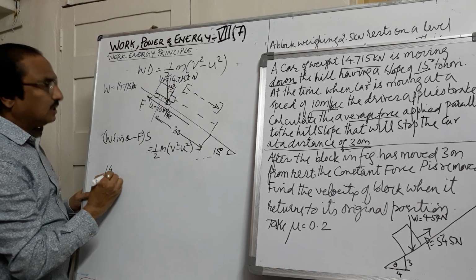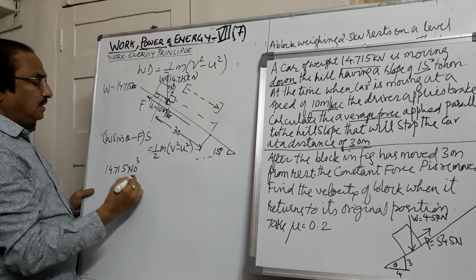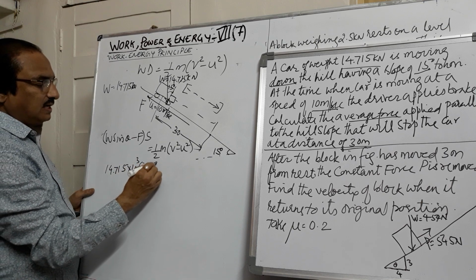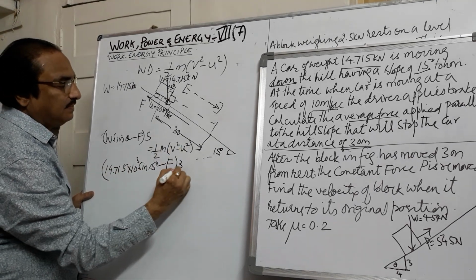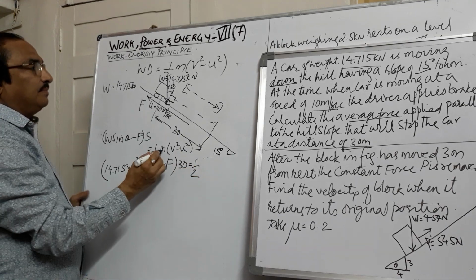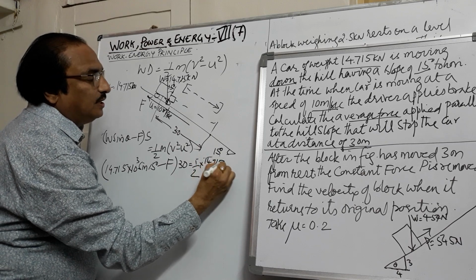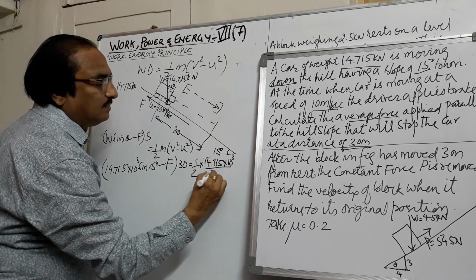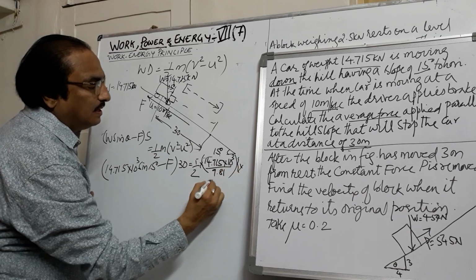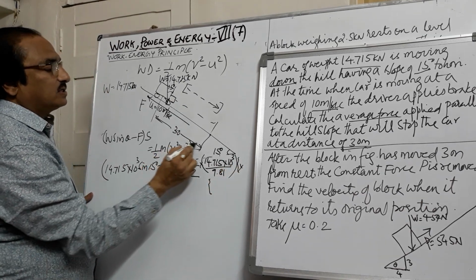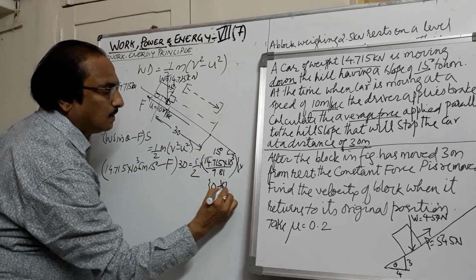So here let us substitute the values. The weight is 14.715 kilonewton, so convert it into Newton, into sine of theta, theta is 15 degrees, minus F, which is what you have to calculate, into the distance it is traveling, 30 meters, is equal to half m, where m is the mass of the vehicle, 14.715 into 10 to the power 3 Newton divided by 9.81, so this will be in kg, multiplied by final velocity 0, since it is stopping, and the initial velocity with which it begins, 10 square.